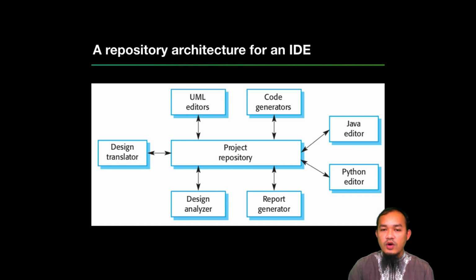For example, one project can use multiple programming languages: here a Java editor, Python editor, design translator, UML, code generator, and so on. But the project repository or database will be the center, sharing the same thing. This is a repository architecture pattern.